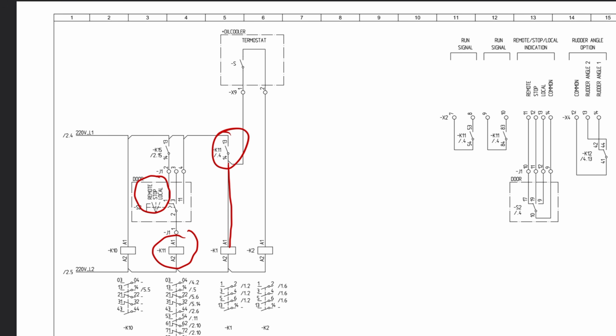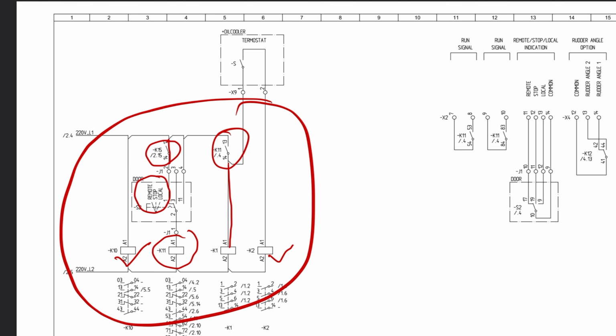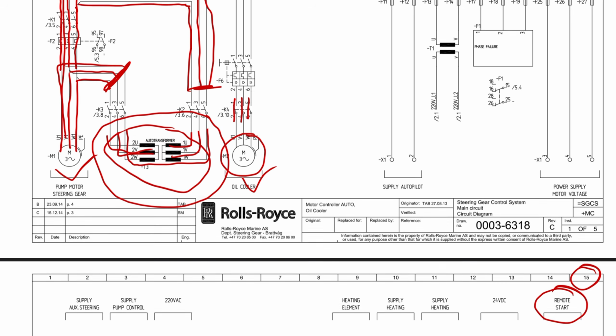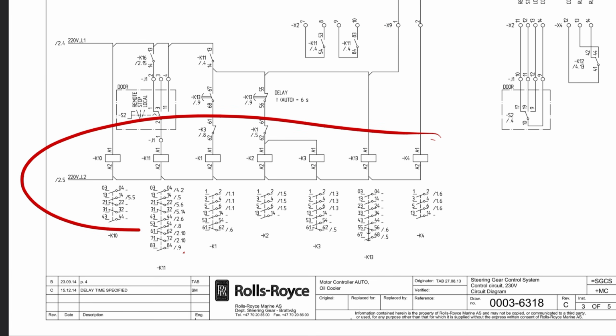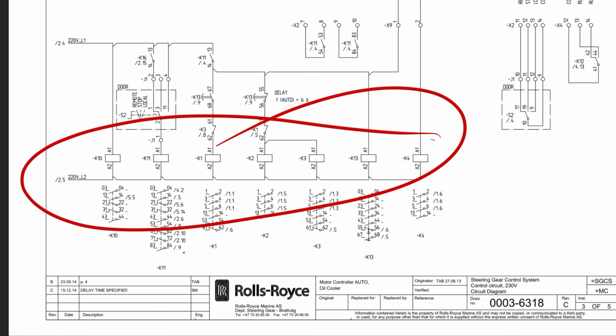For the remote, K15 will close here, so the motor will start. This is K10. This is for the alarm, and this is for the oil cooler. So direct online is a simple control. If you go to the auto transformer, we have a few more extra relays, so this many relays. So that's all on the auto transformer starter.